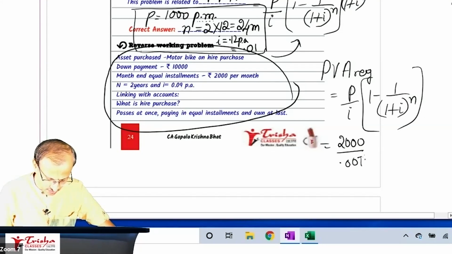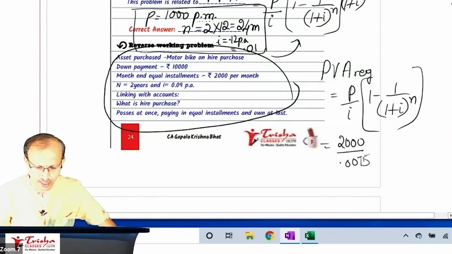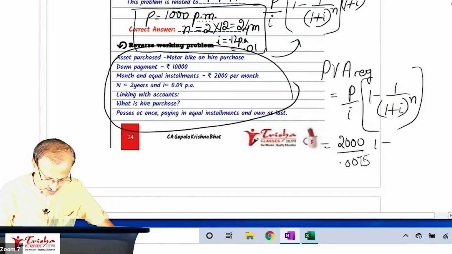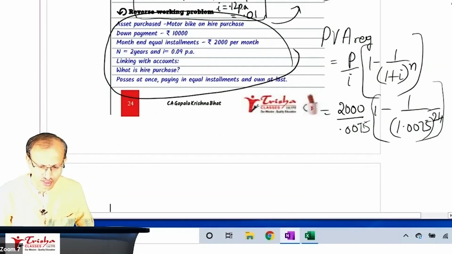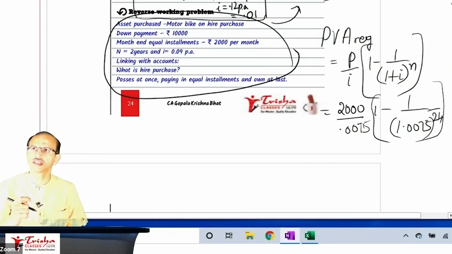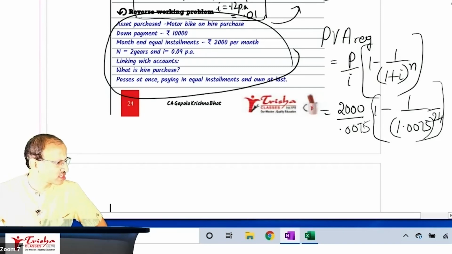It's not future value, it is present value. So 2000 divided by 0.0075, times 1 minus 1 over 1.0075 every month for 2 years, so the power is 24.